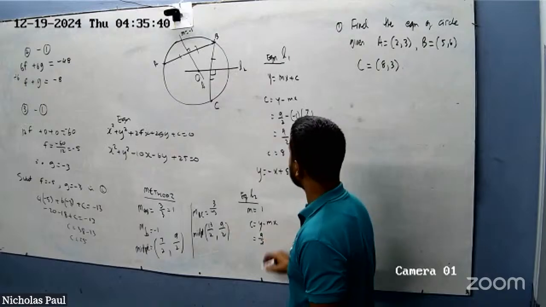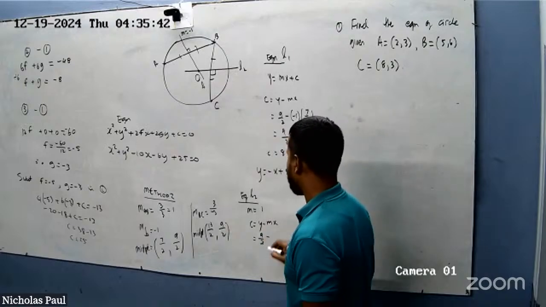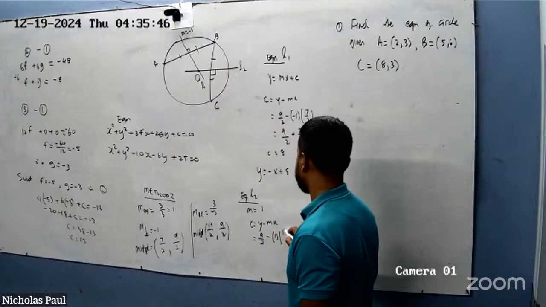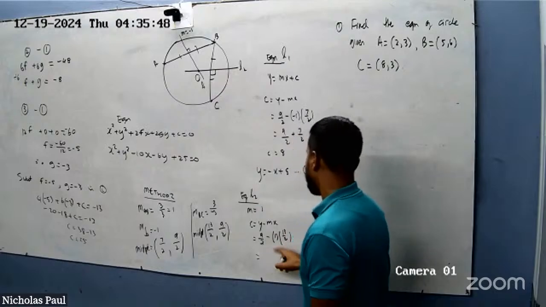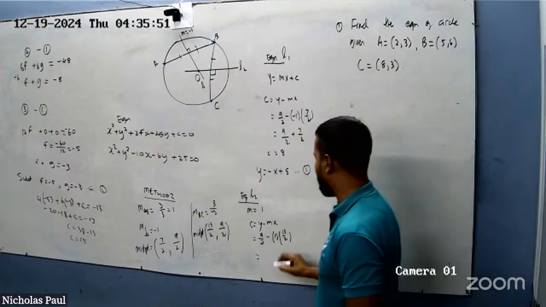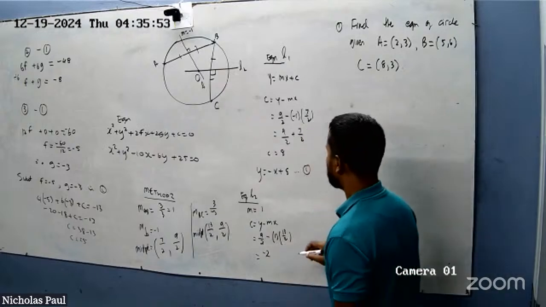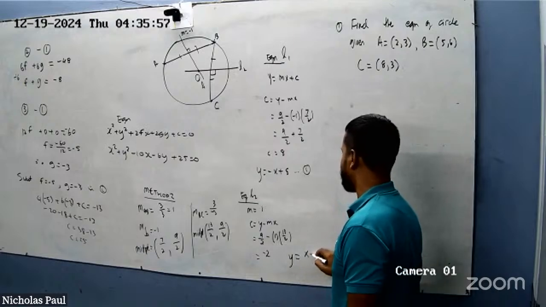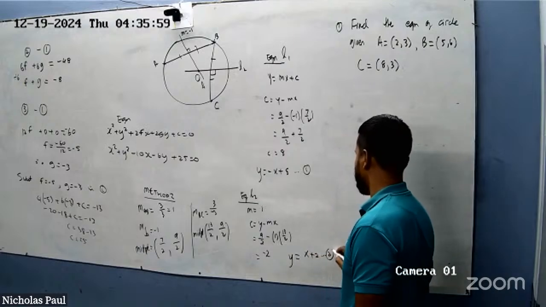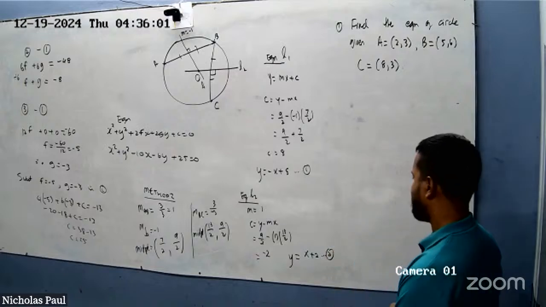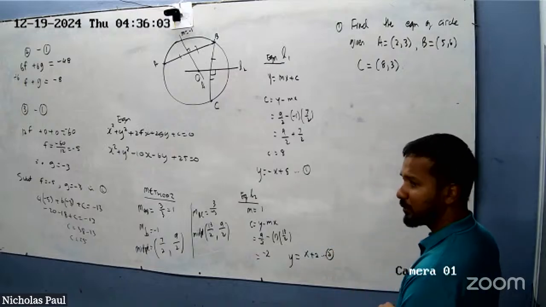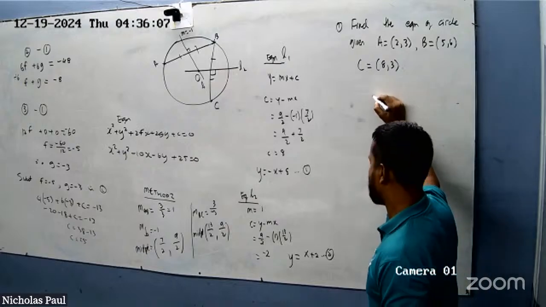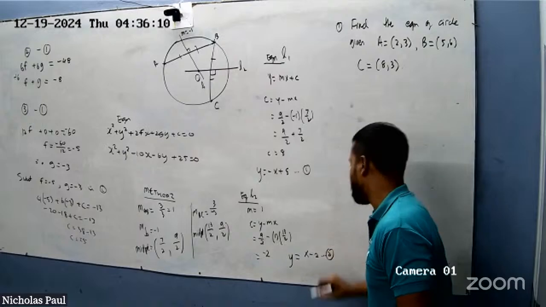So that's 9 on 2 minus positive 1 times 13 on 2. 9 minus 13 is minus 4, so I got minus 2. So my next equation is y is equal to x minus 2. That's equation 2. Anybody get that?